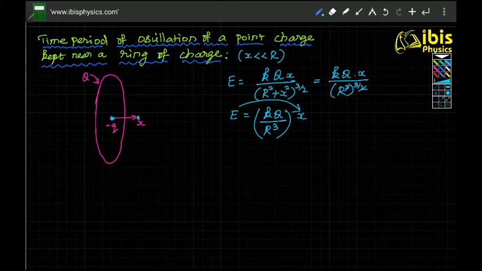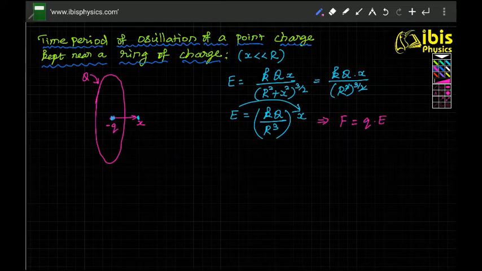If the field is proportional to x, then the force is also proportional to x, because we know that the electric field is the force on 1 coulomb charge. Here you have kept a charge of minus q coulomb. Force is equal to charge into electric field. Here you have got a negative charge.